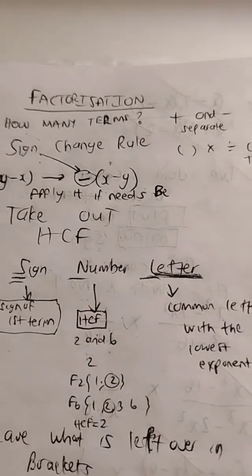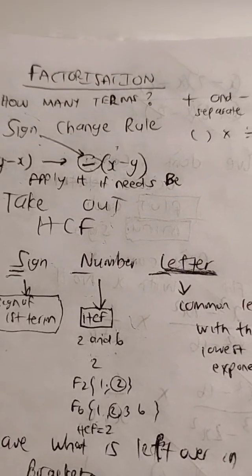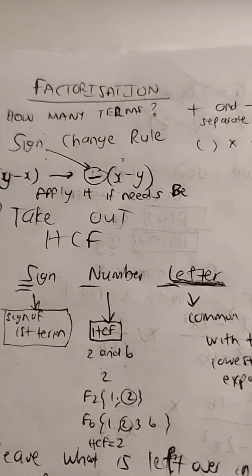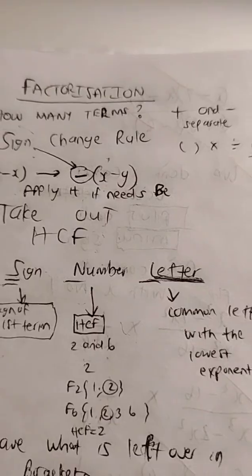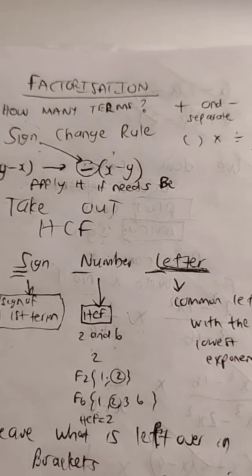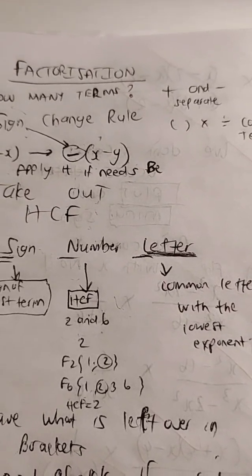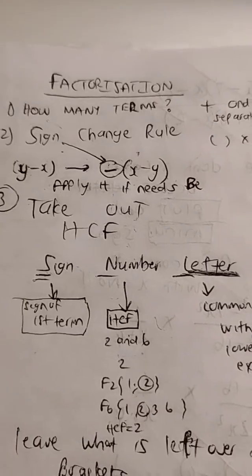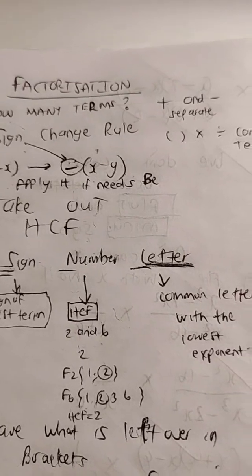Now, a term is made up of a number. Sometimes attached to the number is a letter, and the letter always has an exponent, right? That exponent may vary from 1 up until who knows where. So there's a number, there's a letter, there is an exponent.